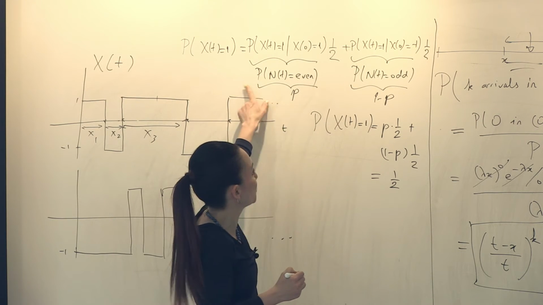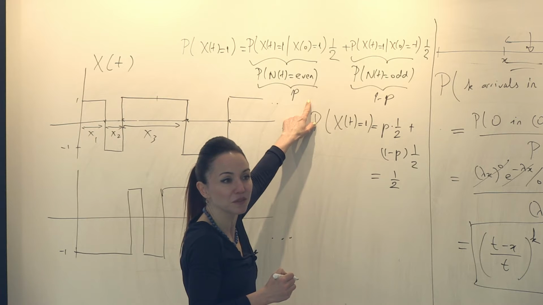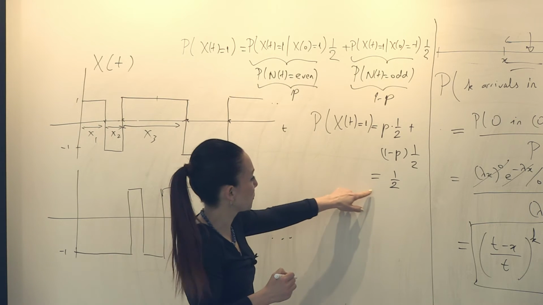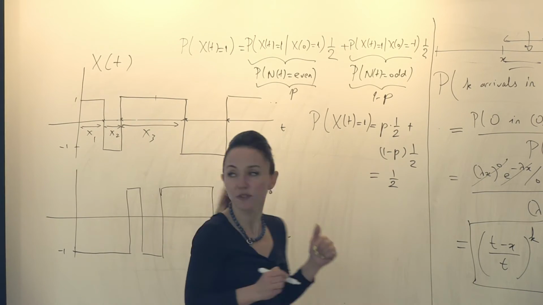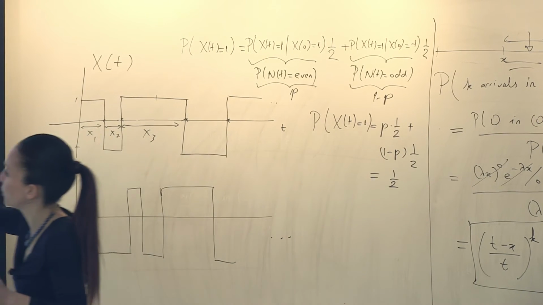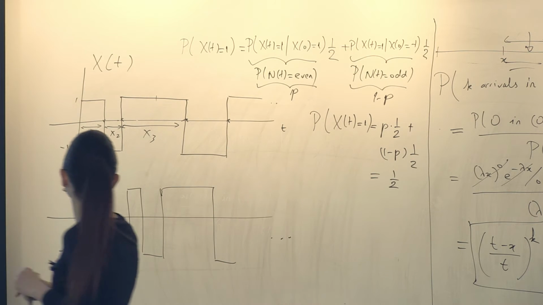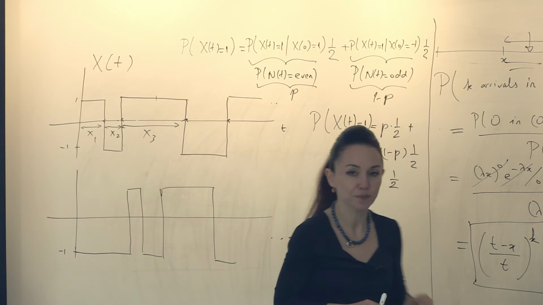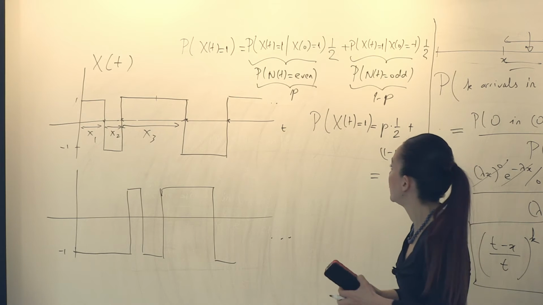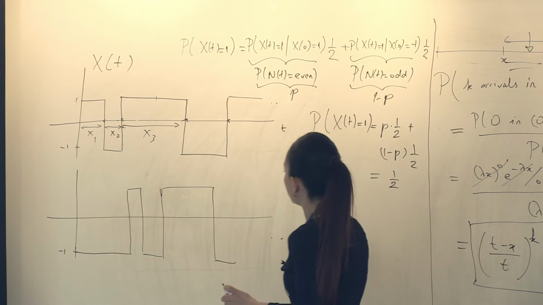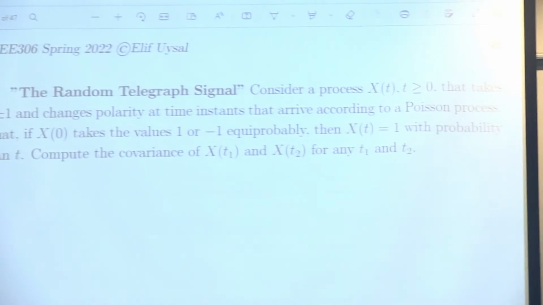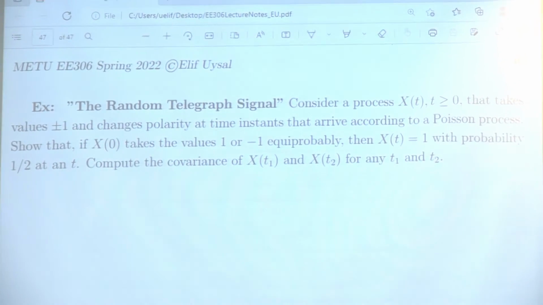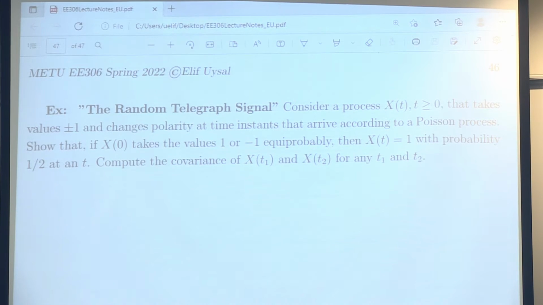We don't need to compute the value of this in order to find out that this is 1/2. But then for the next step, we will probably have to compute it to find the covariance. Any questions so far? Now let's think about the covariance of x of t1 and x of t2.